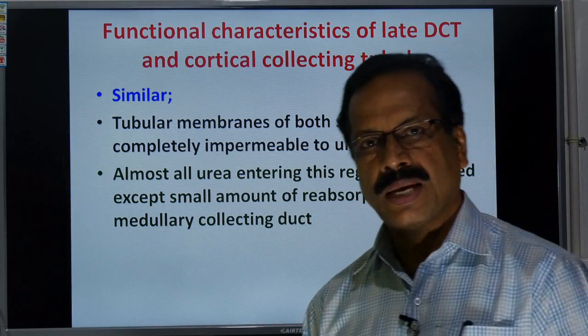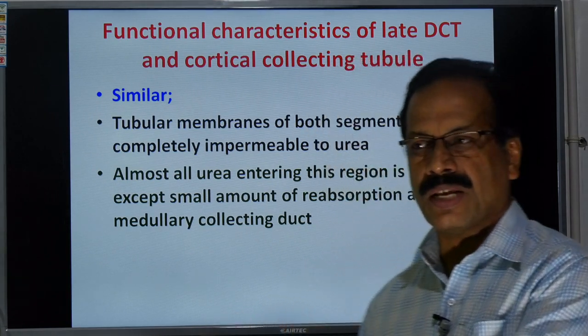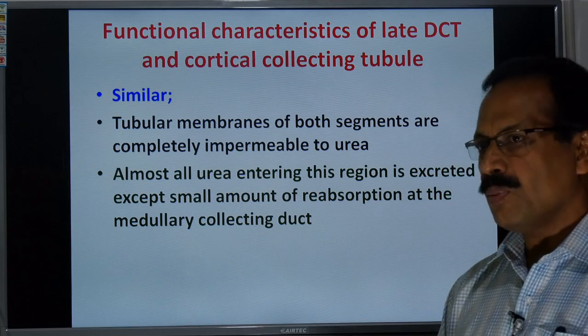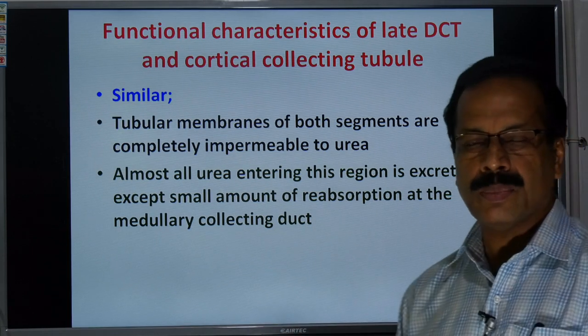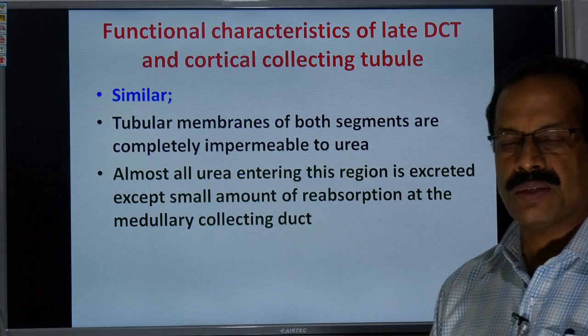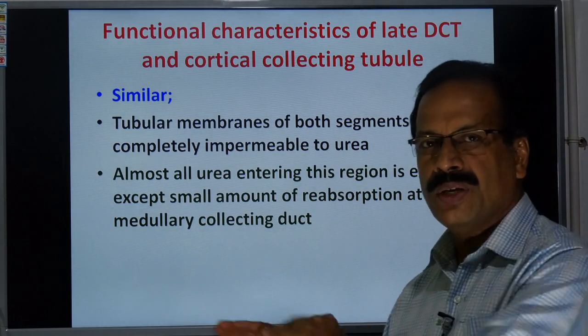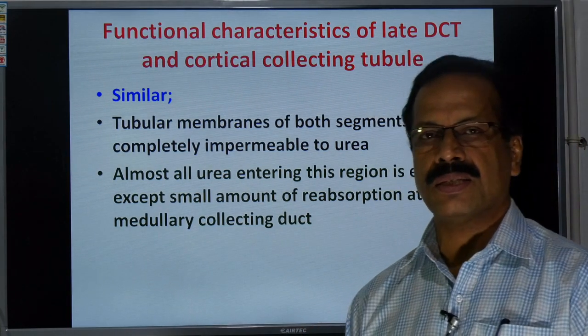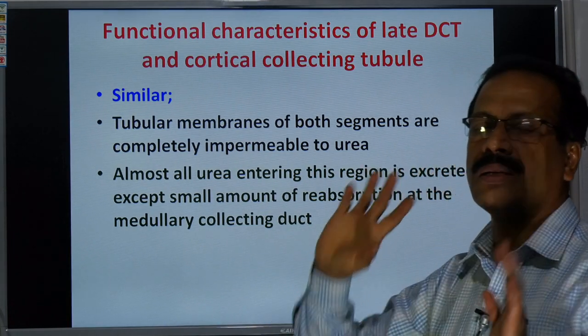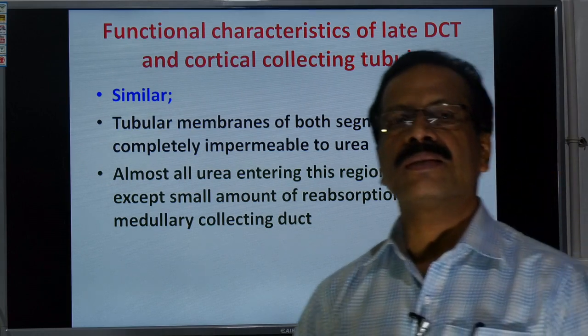When there is a scarcity of water, more water is reabsorbed under the influence of antidiuretic hormone. So this is the last segment of the nephron where reabsorption or secretion happens. After that, whatever tubular fluid is remaining reaches the collecting duct. From there, it will be moving out of the kidney as urine.